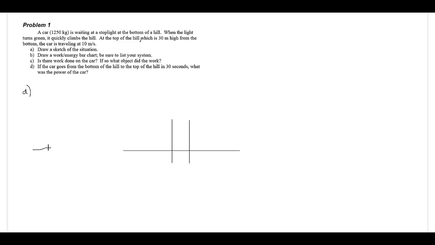So we've got the hill, our car. We know that the hill is 30 meters high, and we know that the car at the top, so this is before down here, and then after is up here where it is at the top of the hill and traveling at 10 meters per second.